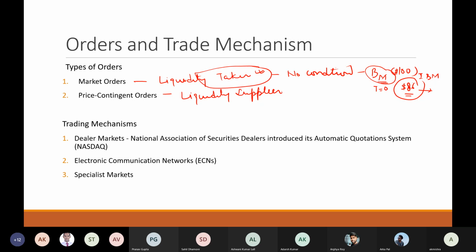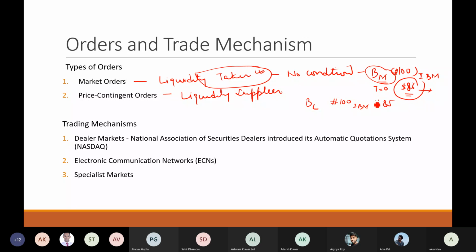They don't provide liquidity. Whereas when you put some price condition, for example, you are submitting a limit order and you are saying that I want to buy this same IBM stock when the price goes below $85.